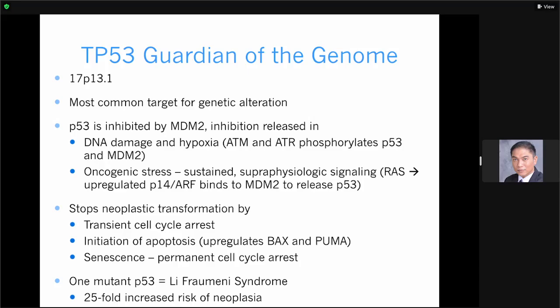Second is initiation of apoptosis. And the third is hindi na transient, so permanent cell cycle arrest, and that is senescence. So yan ang ginagawa ng P53. It promotes cell cycle arrest, which is very important kasi it allows the cell to undergo repair kapag tumitigil siya. So transient cell cycle arrest, apoptosis, or permanent cell cycle arrest, or senescence.